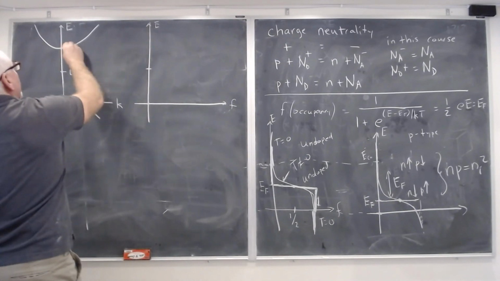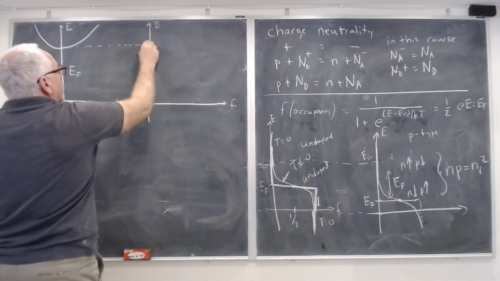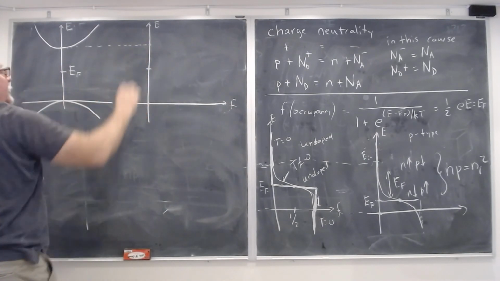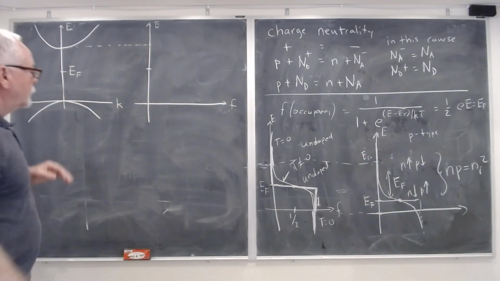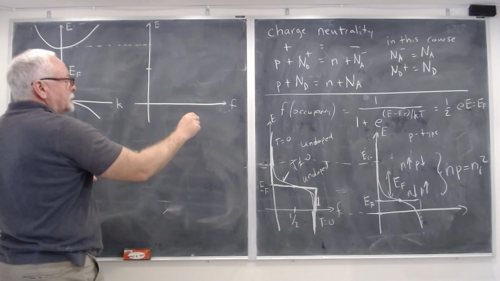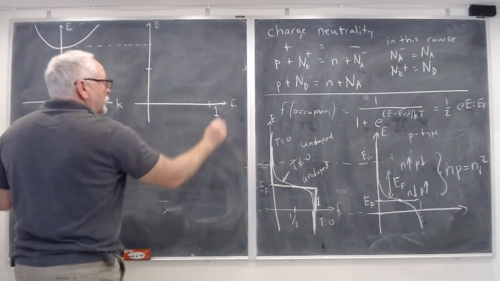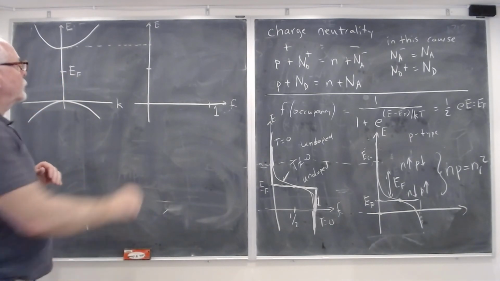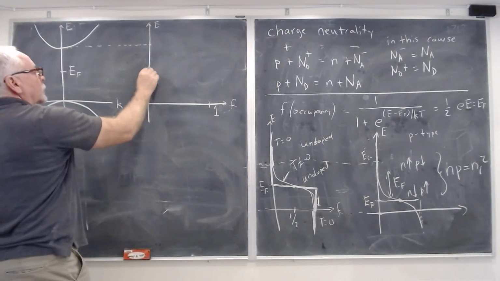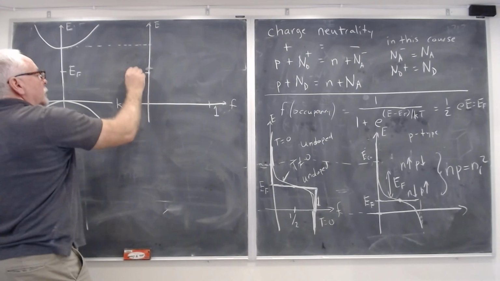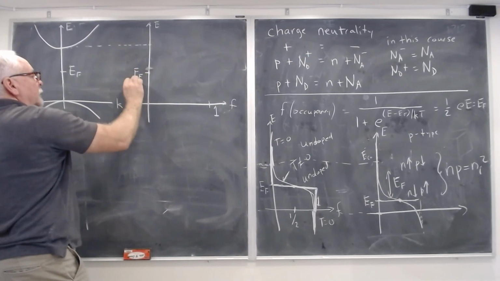So this is the bottom of the conduction band. And this, of course, is the top of the valence band. This is 1. EF is in the middle.